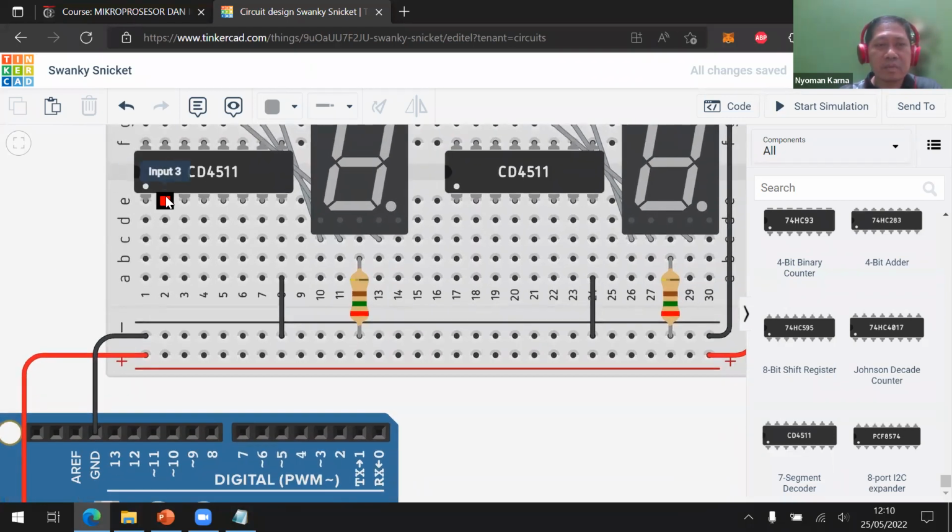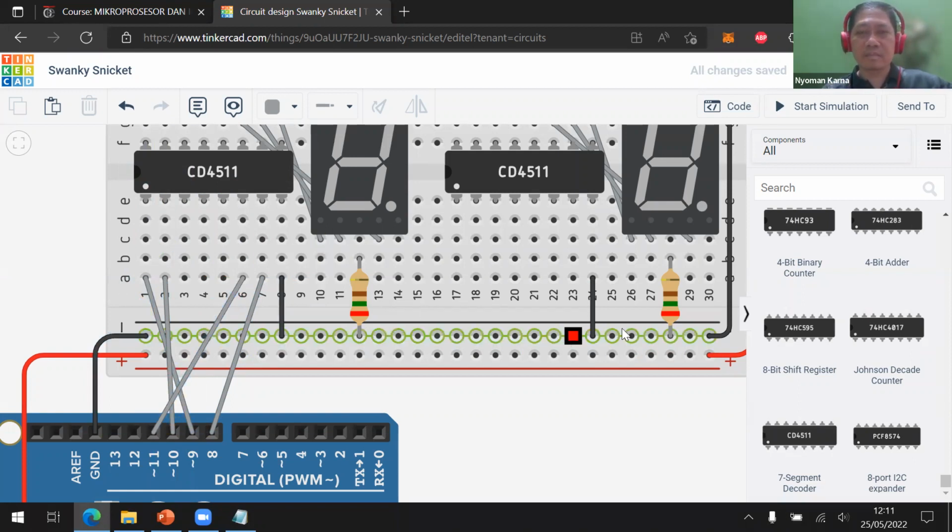Now the input. This is input 2, 3, 4, 1. So we're going to use, let's say, this to here. This is input 1. And then there is input 2. Okay, this one. Now input 3 to here. And then input 4 to here. Now the same thing.